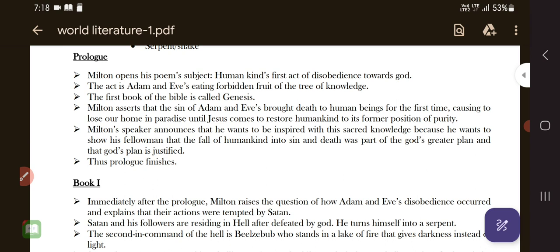John Milton's speaker announces that he wants to be inspired with this sacred knowledge because he wants to show his fellow men that the fall of humankind into sin and death was part of God's greater plan, and that God's plan is justified.